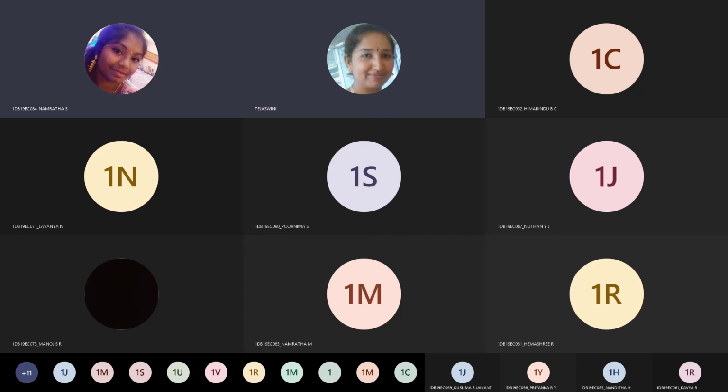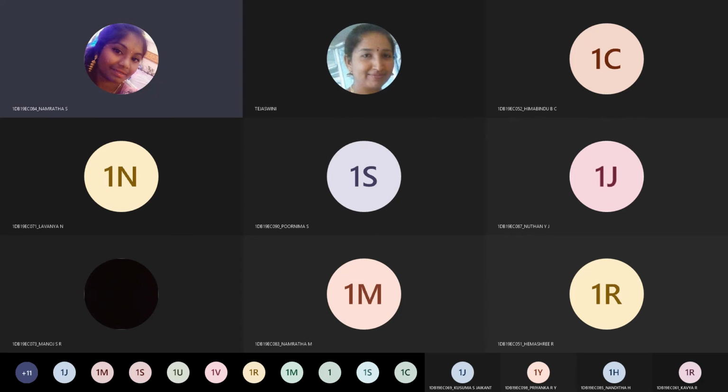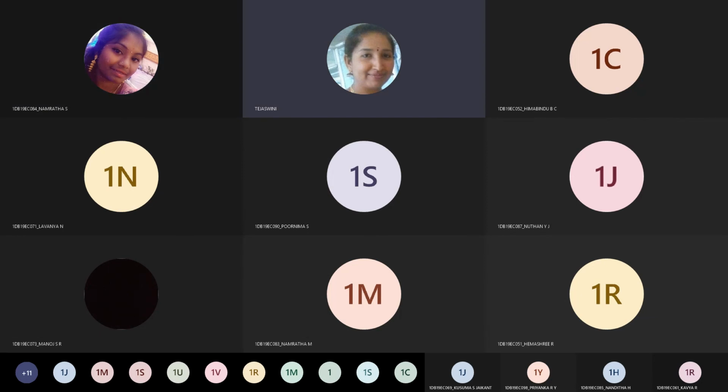What are the three frequency bands? No, Namrata. The three bands are low frequency, mid band, and high frequency. Have you written the characteristics?